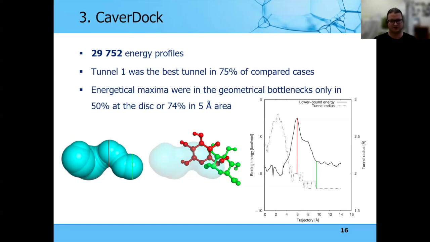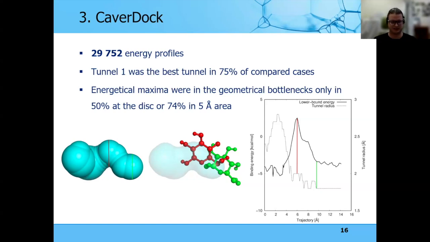And then we also looked at whether it is sufficient to use geometrical calculations, for example the Caver or MOLE methods. But we found out that the energetical maxima for the cognate ligands were in the geometrical bottleneck of the tunnel only in 50% of cases at the actual disk, and in 74% within the 5 angstrom area around the geometrical bottleneck.